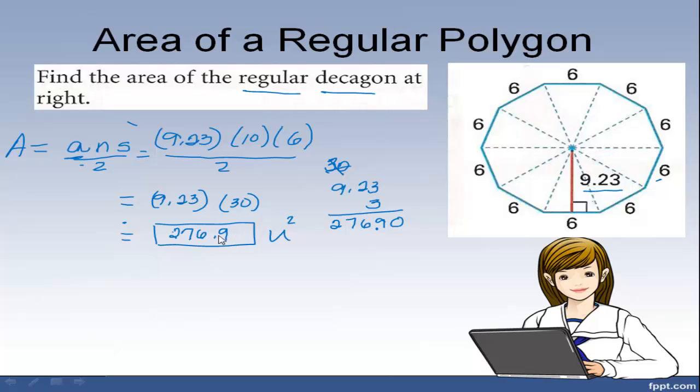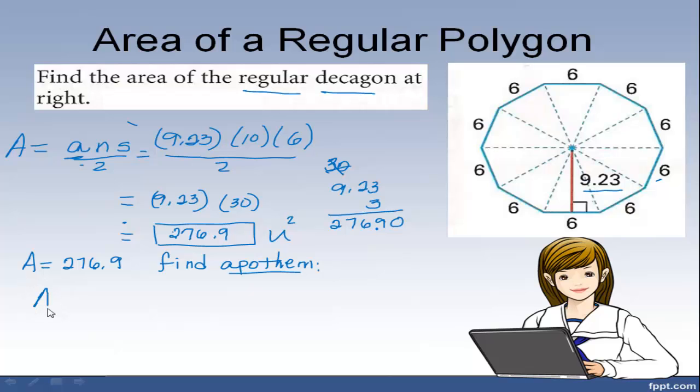So let's say I didn't give you the apothem, and I say, well, the area is 276.9, and find the apothem, which is the small a. What you would do is, I'm making this up, right? I'm doing this one that we just did but backwards, just to show you how you would solve for a.